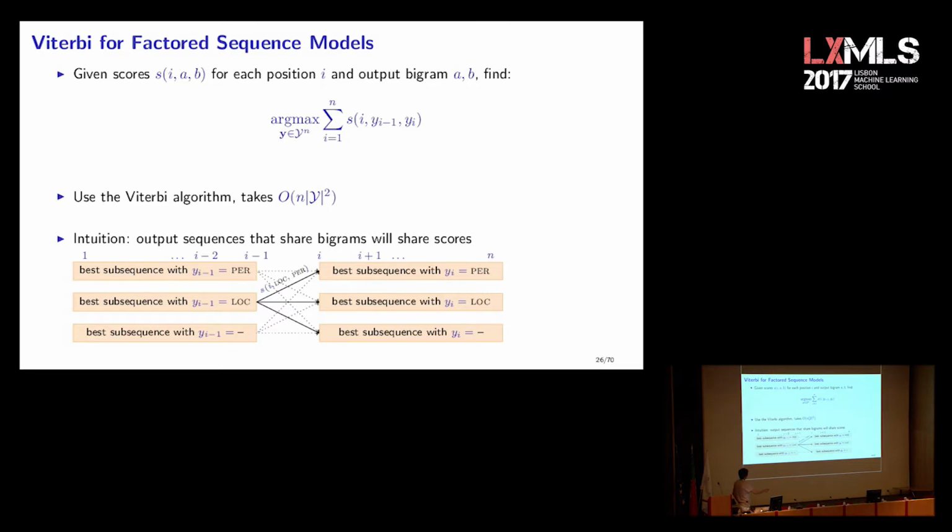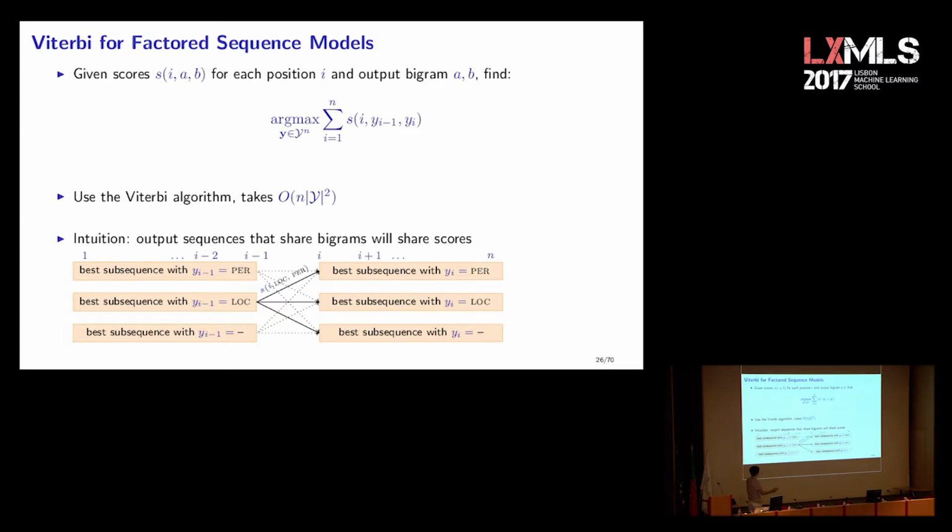For example, if someone gives me the best subsequence up to this position ending with each tag, and the best subsequence from the end to here up to this tag, with 3 tags, I'm kind of going forward and backward, and someone comes and gives me these 6 subsequences.